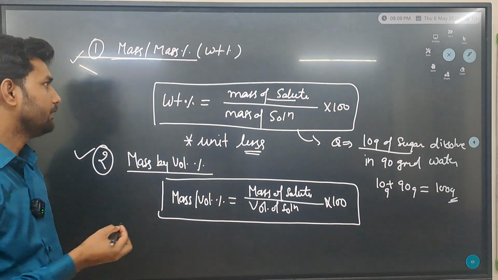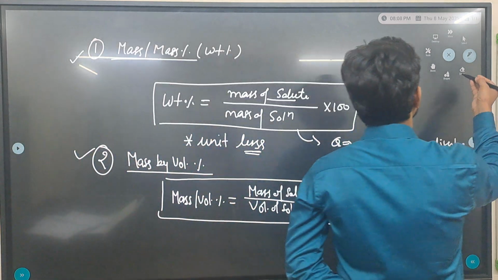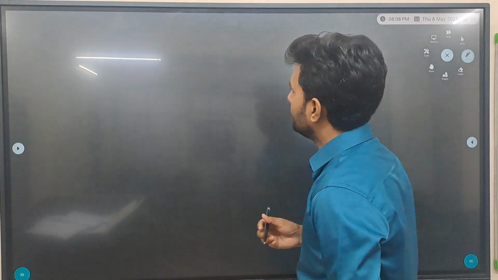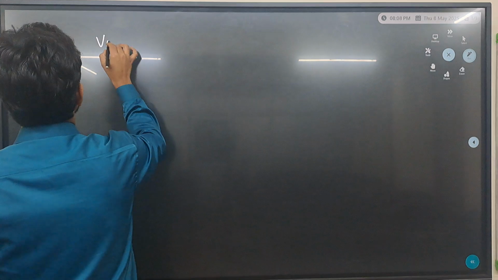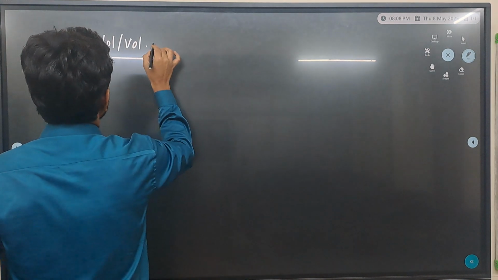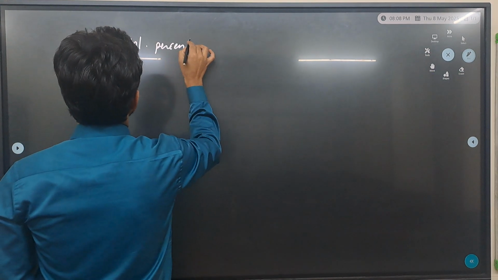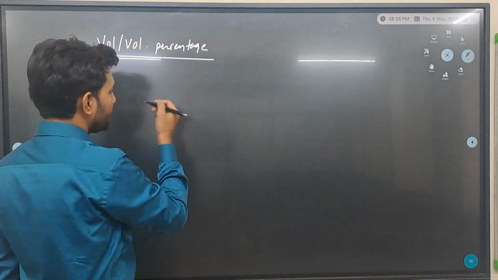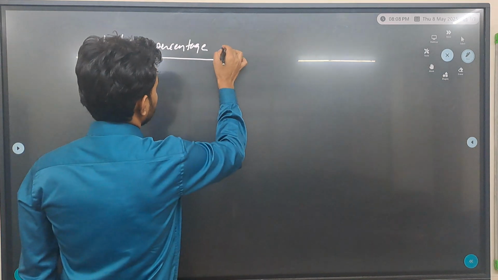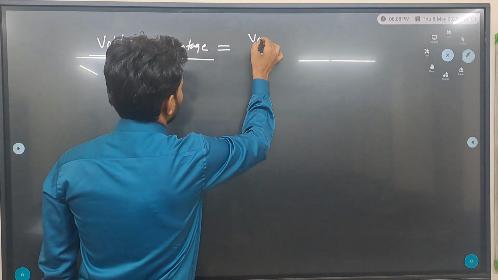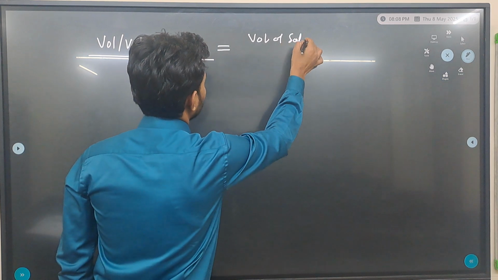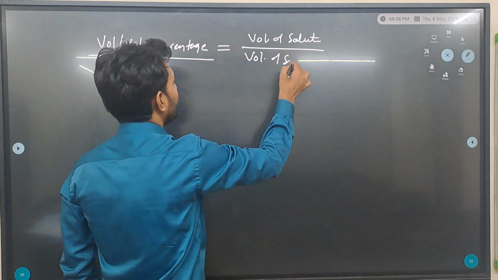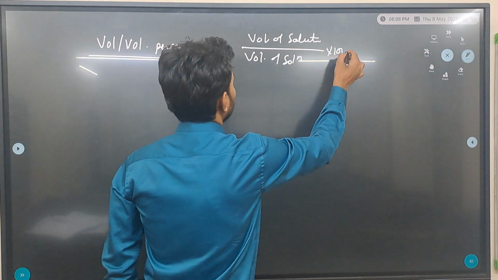Okay, next will be volume by volume percentage. In case of volume by volume percentage, the formula will be equal to volume of solute divided by volume of solution, into 100.